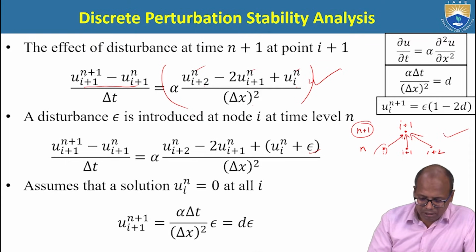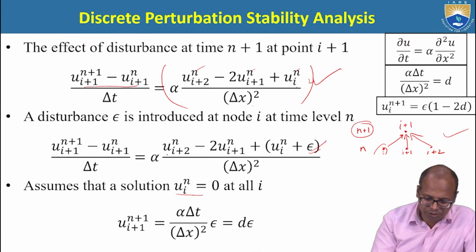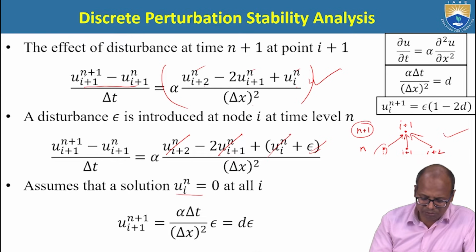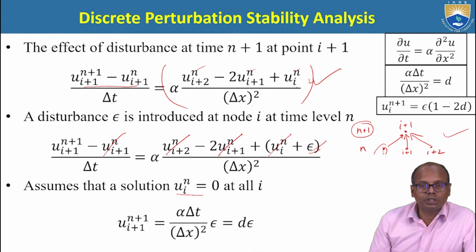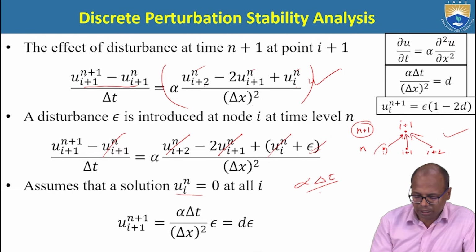So if I substitute this in this equation, this will be 0, this will be 0, this will be 0, and as well as this will be 0. If I apply zeros for all the cases, and already we have alpha delta t by delta x square equal to d, so this condition also we have.